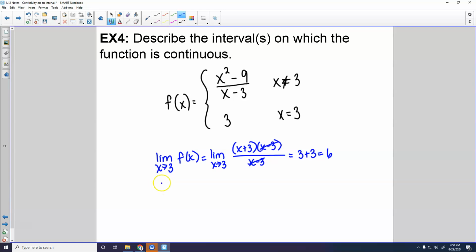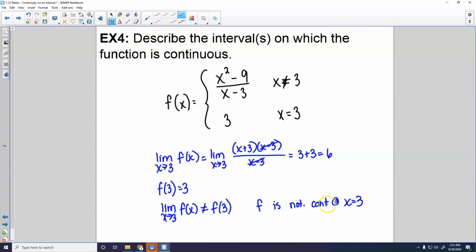However, what is f of 3? That is 3. And so the limit as x approaches 3 of f of x does not equal f of 3. So f is not continuous at x equals 3.